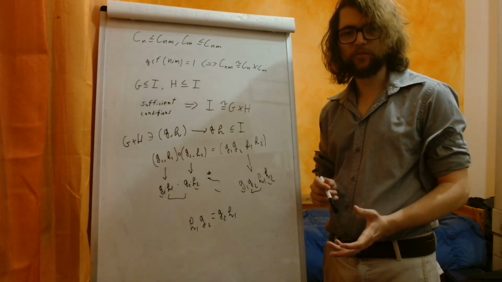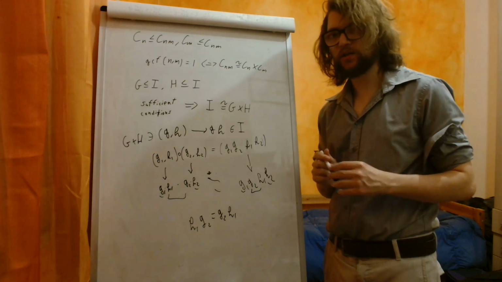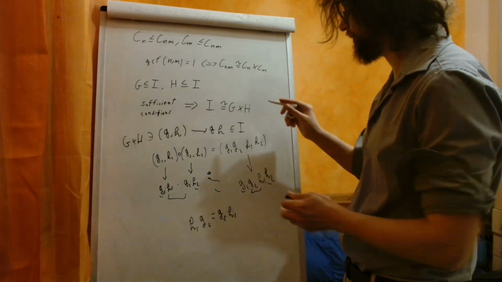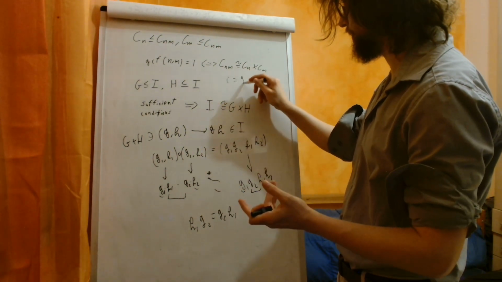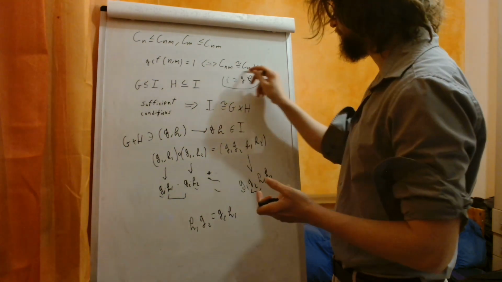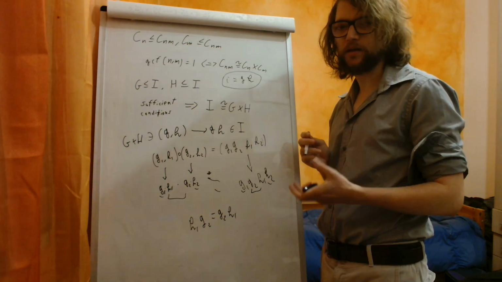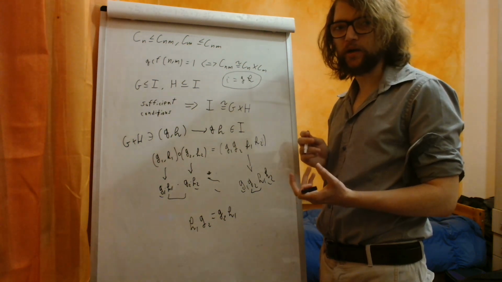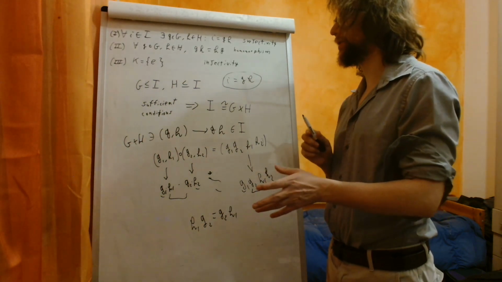For it to be an isomorphism, it must be bijective. So for it to be surjective, it is sufficient that any element in I can be written as a combination of an element of G and an element of H. Instead, for the injectivity, it is sufficient that the kernel is made only of the identity element. So let me write the conditions here.